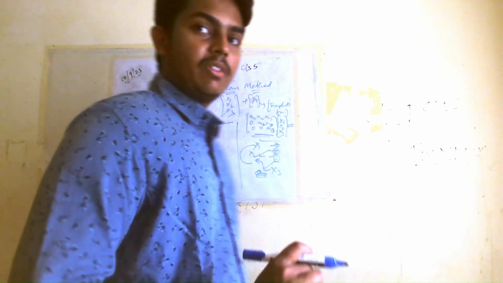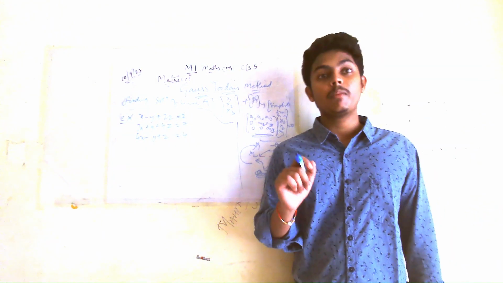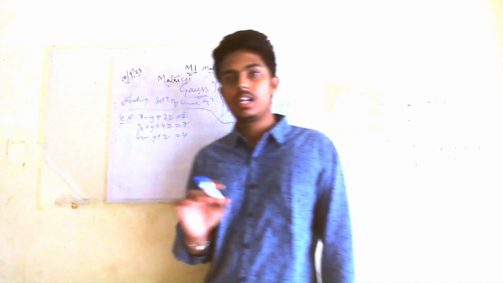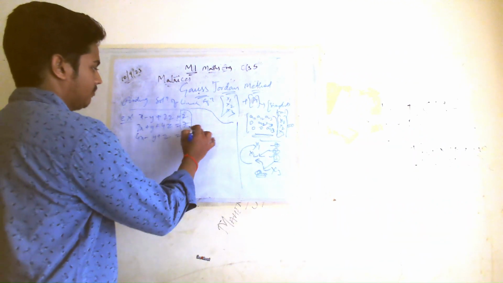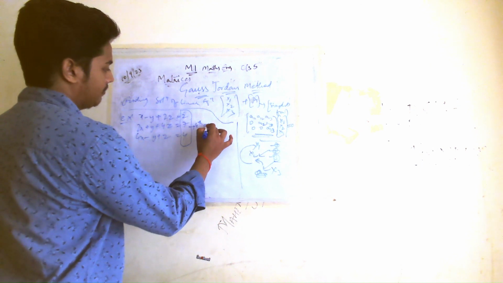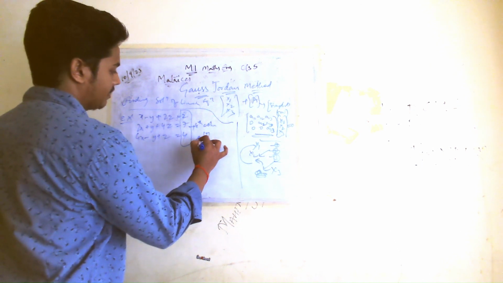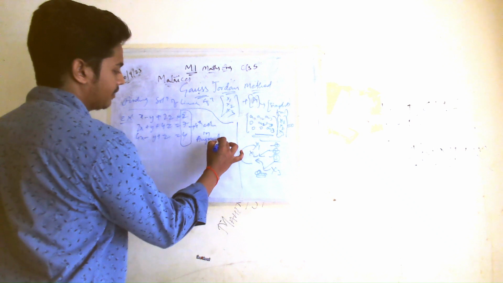Generally in our matrix we have only 3 columns, right? But in our augmented matrix we have 4 columns, 3 rows and 4 columns. What is that fourth column? This is our fourth column in the augmented matrix.